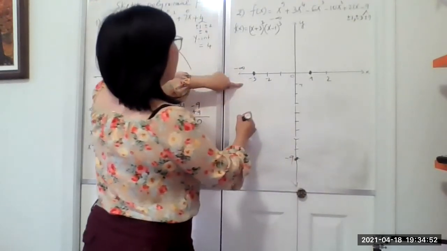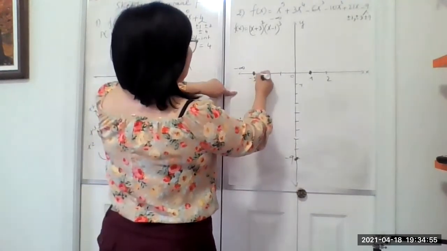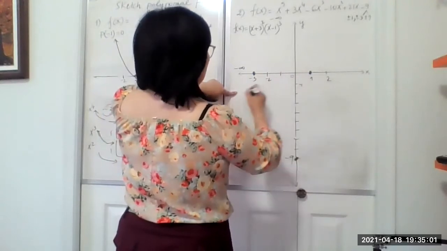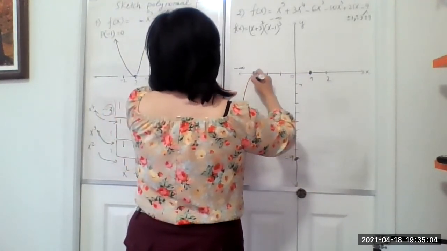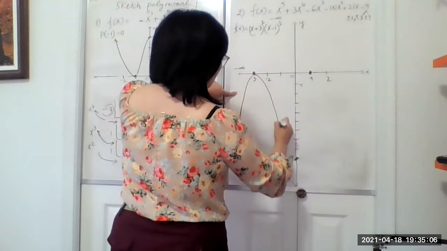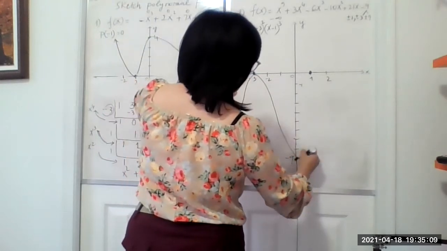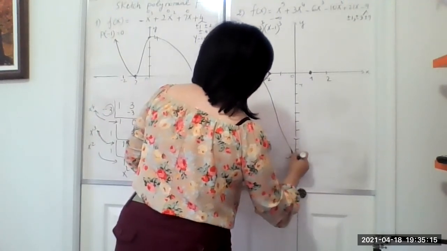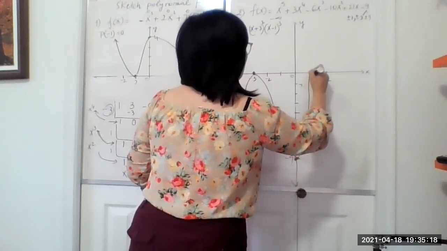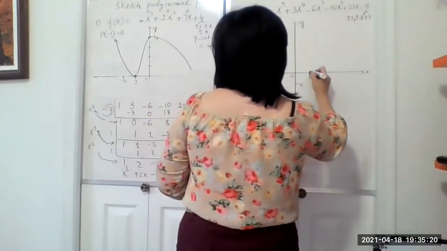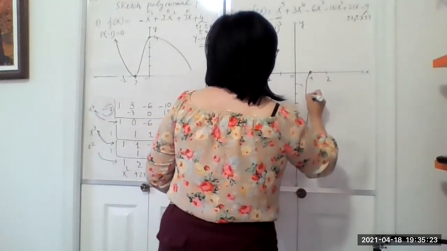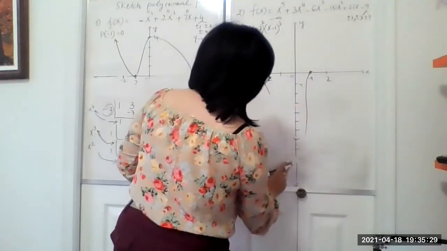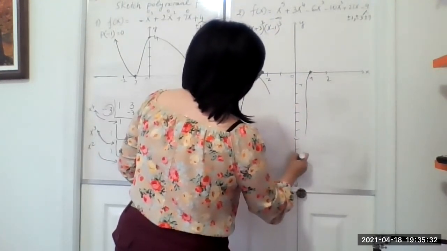And our function starts from negative infinity from here, like a parabola, goes from here and goes across this. So let's shape this one first. And then here it becomes multiplicity 3. So it will go up here, and because it's multiplicity 3, the shape will look like this, my skinny shape first.